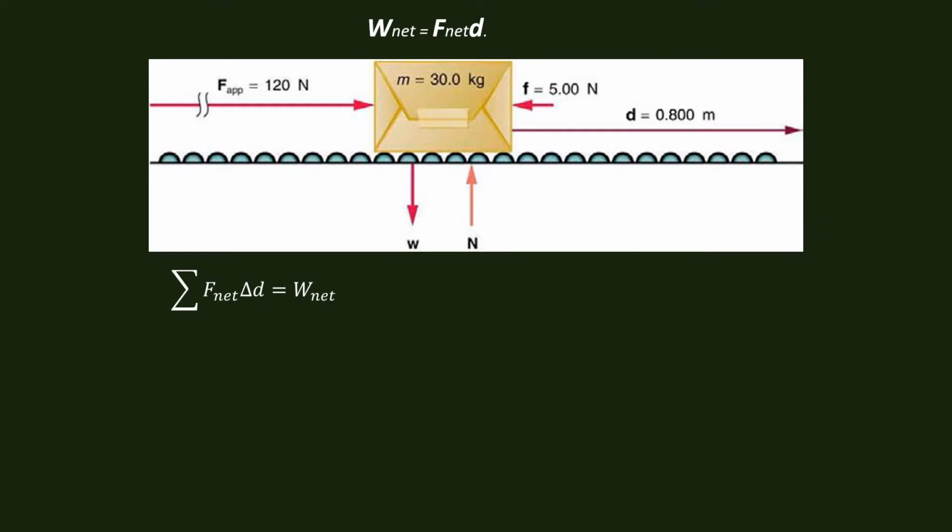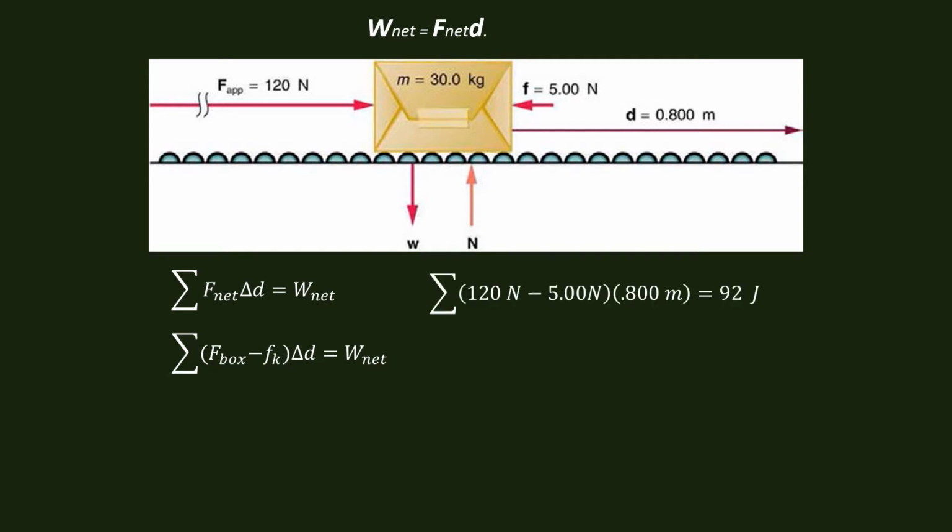So using the work equation, F net times the distance traveled, we have the applied force on the box minus the friction times the distance, and we get the net work done. So plugging in the numbers, this comes out to 92 joules.